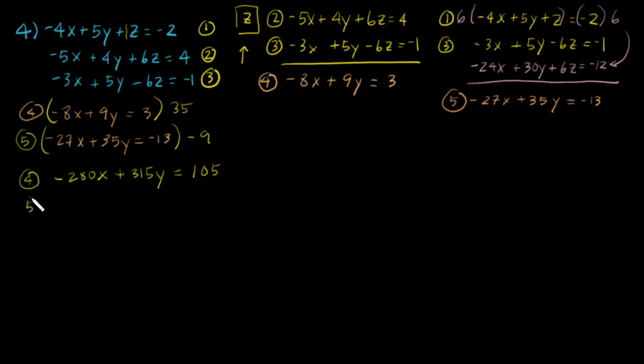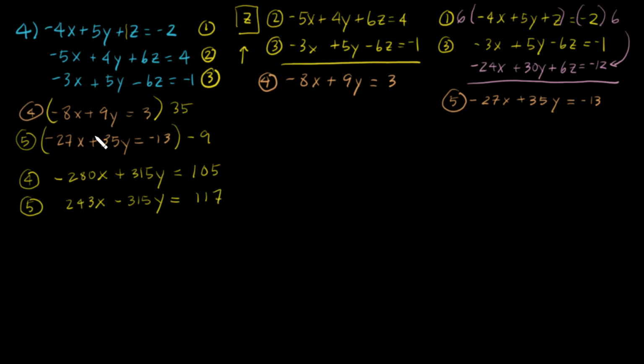My fifth equation is now going to be -9 times -27, which is going to give you 243x. And then that should give you a negative 315y equals -13 times -9, which is a positive 117.